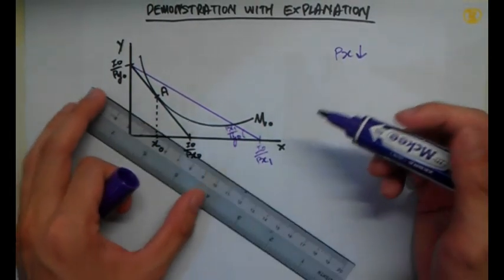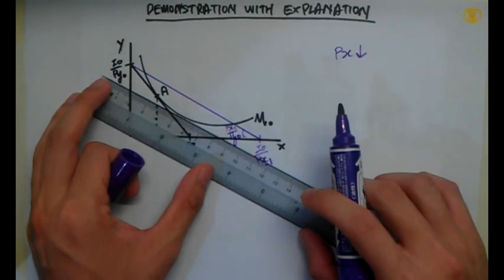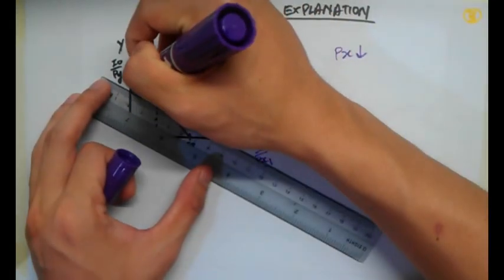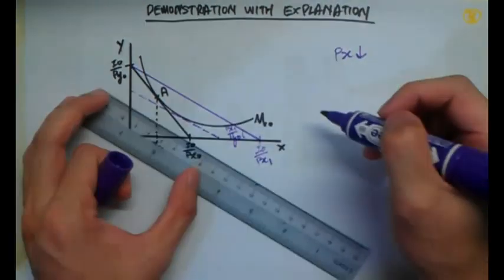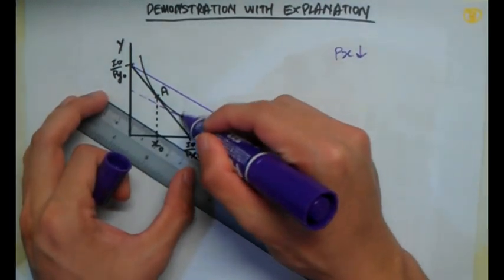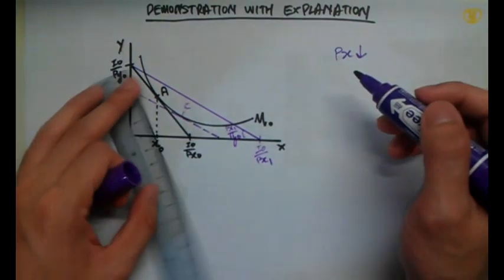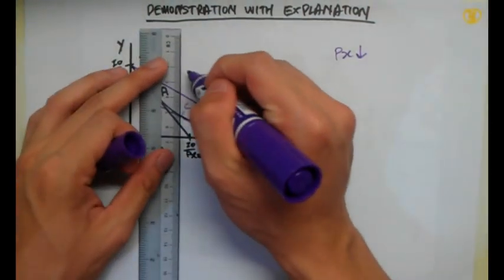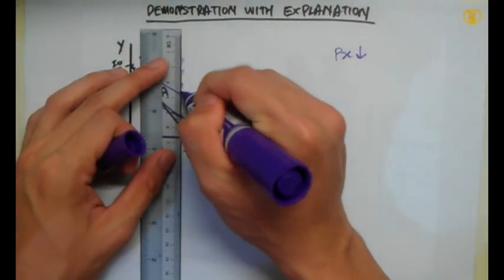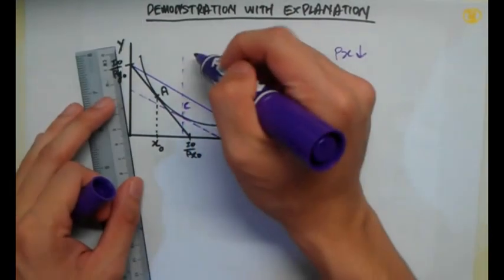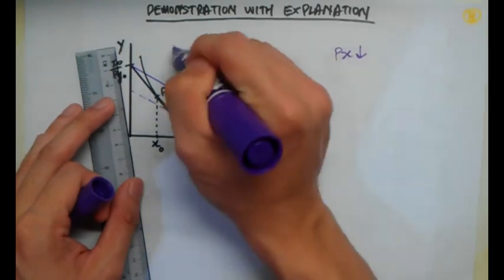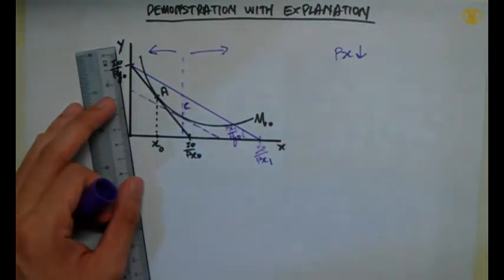Okay, now we will mark out the Hicksian substitution effect by drawing an imaginary budget line which is tangent to the original indifference curve, which will be over here at point C. We will draw a vertical line along point C, and we will now decide whether real income has decreased or increased.